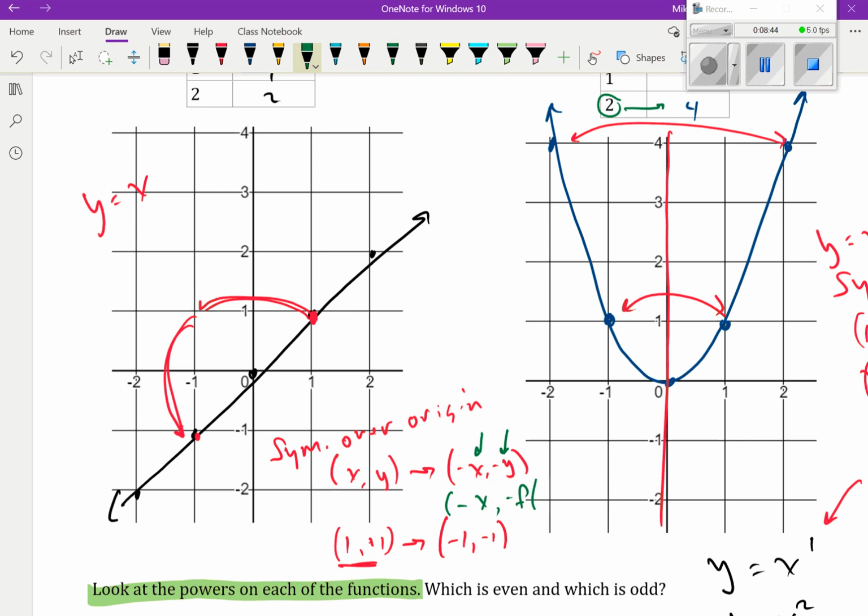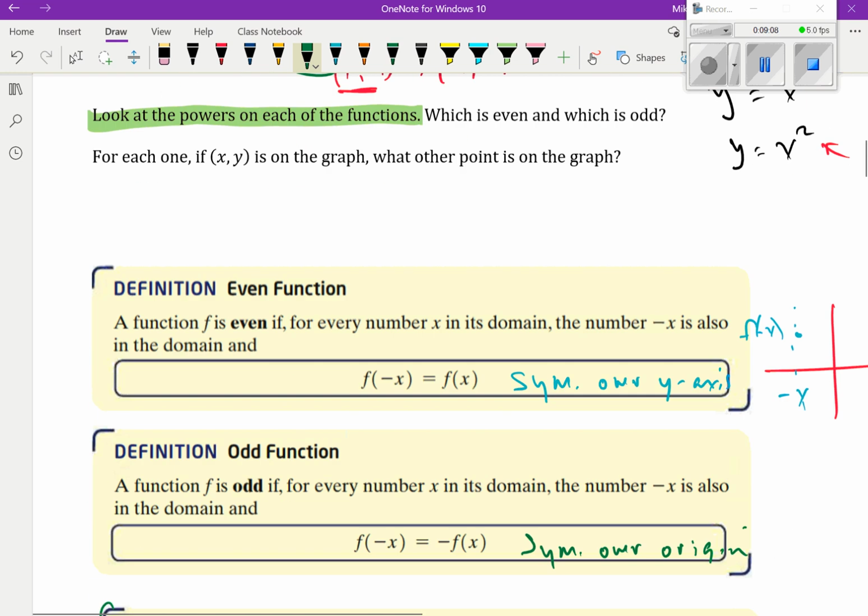So this becomes negative f of x. That's the notation that's taking place there. So if 1, 1 is on the graph, which it is, then we're saying negative 1 is going to end up being the negative of the original y value, which it is. So my y value switches signs down here also.